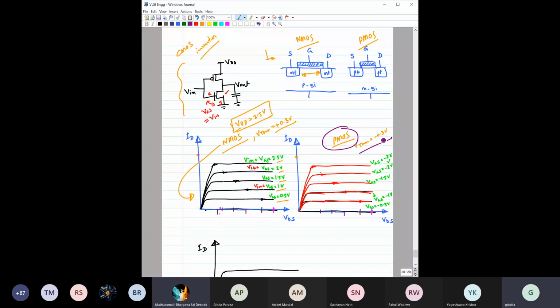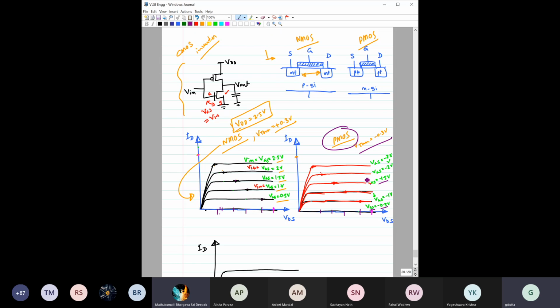So we have to reduce the gate potential from 0 till minus 0.3, no current. At minus 0.5, yes, VGS minus 0.5, some current. VGS minus 1 volt, current increases. Minus 1.5 increases, minus 2 volt increases, minus 2.5 increases further. We obviously cannot go beyond 2.5 because the maximum supply voltage is 2.5.